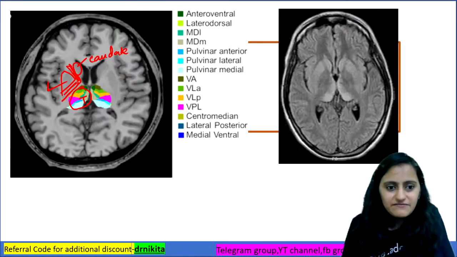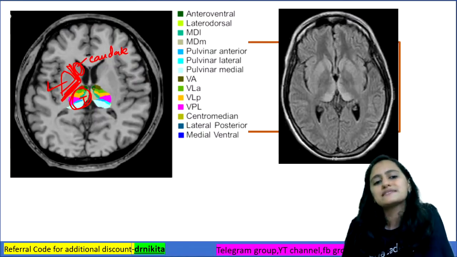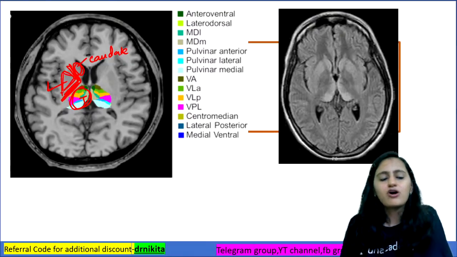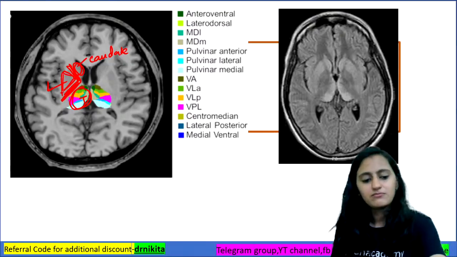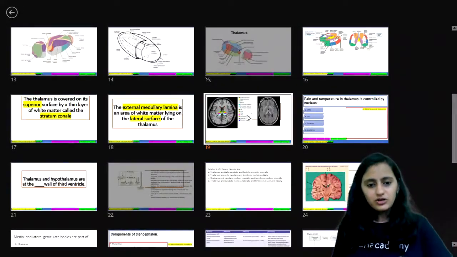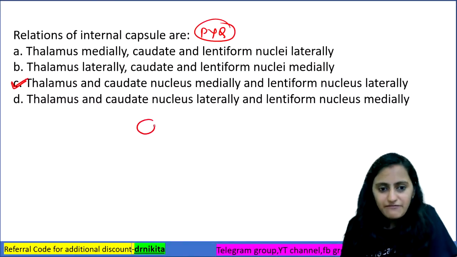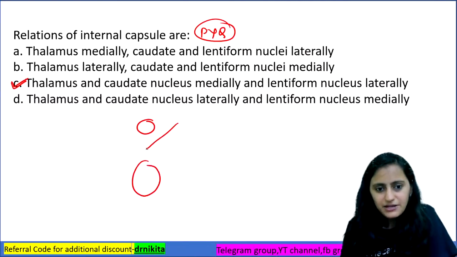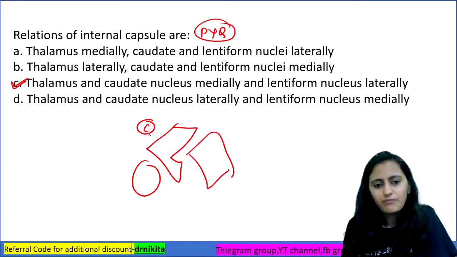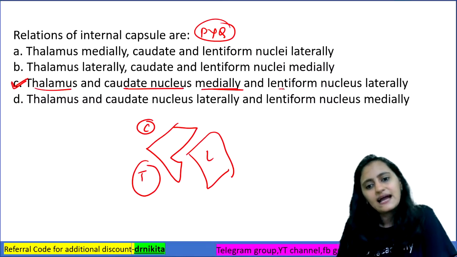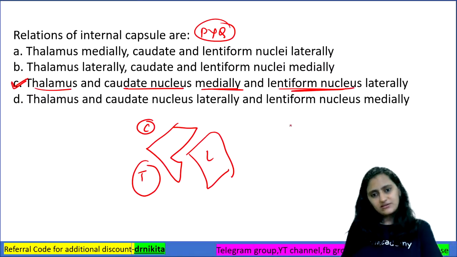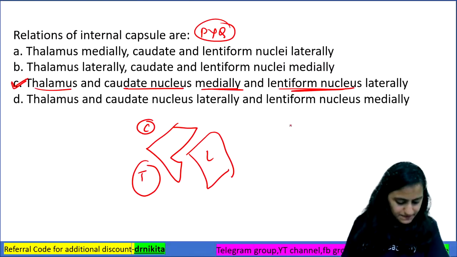So you can see that if this is the internal capsule, caudate and thalamus, both of them are present medially and lentiform is present laterally. So that is why the answer will be C. So you have caudate, you have thalamus and you have the internal capsule like this. And lateral to that you have the lentiform nucleus. So thalamus and caudate nucleus medially and lentiform nucleus laterally.